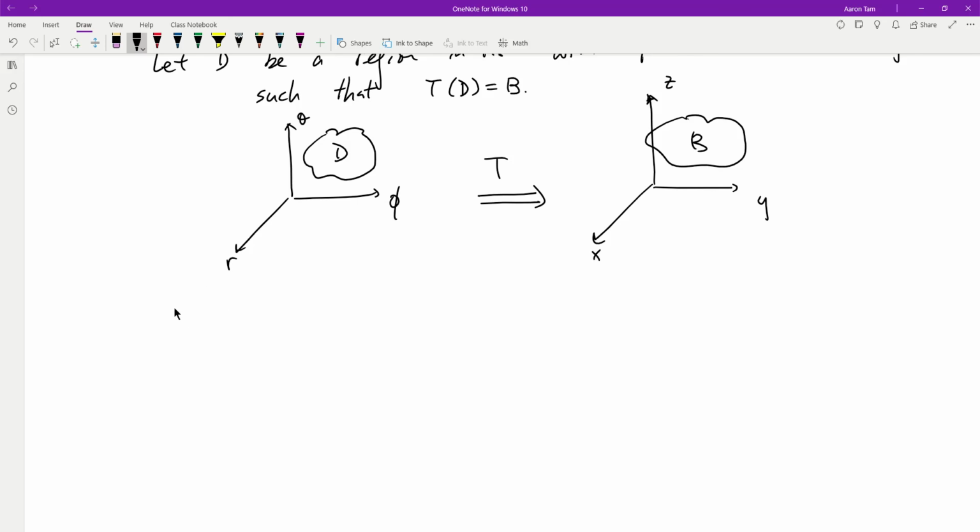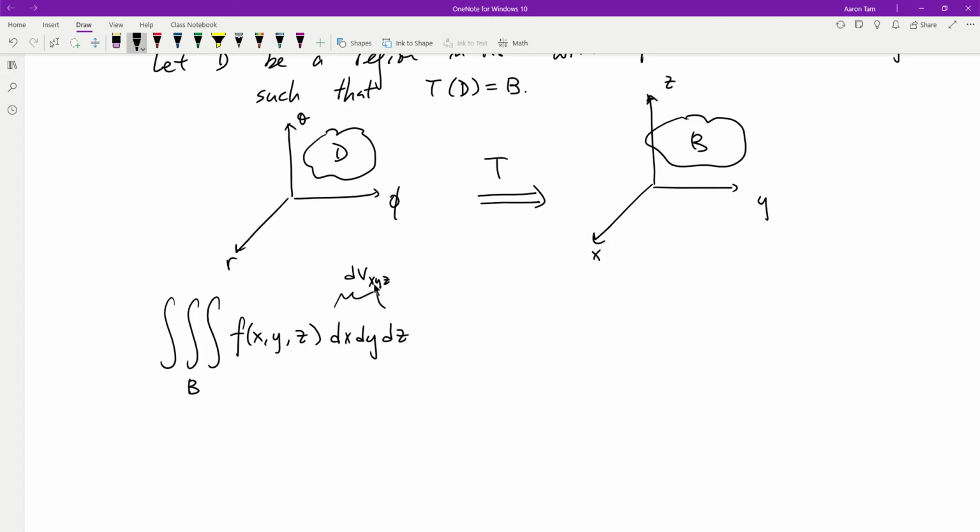So let's start with this. Let's say we have a triple integral over B of f of x, y, z dx dy dz. Remember, that doesn't mean you have to go in this order, but collectively these are basically called dV, the volume element in x, y, z coordinates.